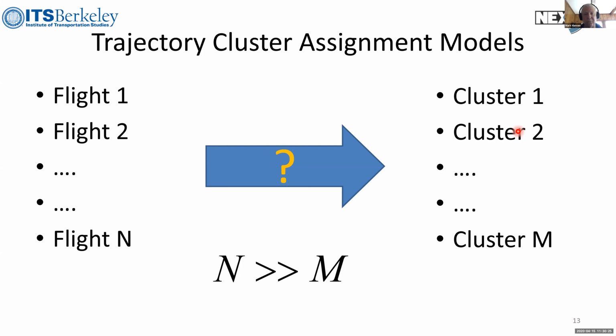Why did this particular flight end up being assigned to this particular cluster? In contrast to the previous case, this is more tractable because although we can have a lot of flights, as we've seen, we have a relatively small number of clusters. So that's an easier thing to deal with for our limited civil engineering minds.